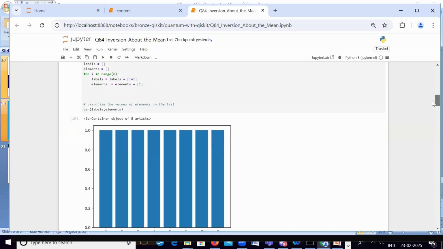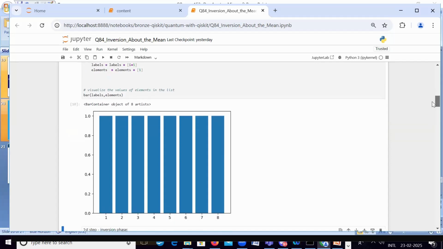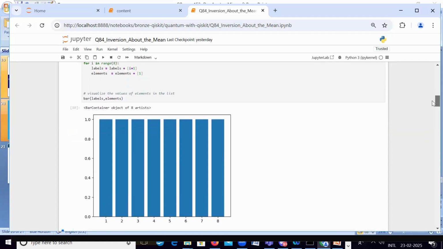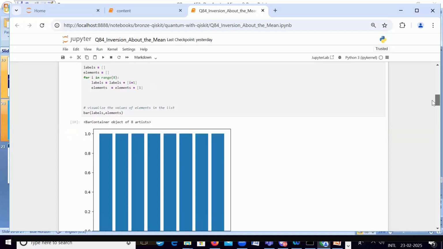What is happening here? This is the 1. This element is the value, so that's value each one. So here probably we can multiply 1 instead of that -1.